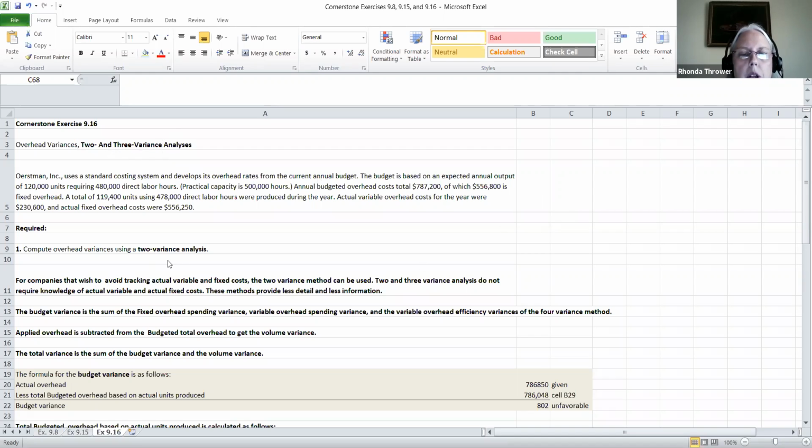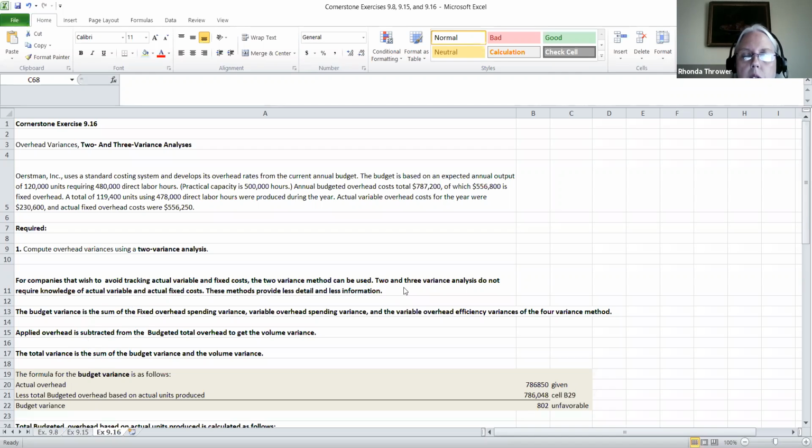We're going to first look at the two variance analysis. And when you are using the two variance analysis, it's important to understand these items first before you try to create it. For companies that wish to avoid tracking actual variable and fixed cost, the two variance method can be used. Now, your company would choose to use either the four variance method, the two variance method, or the three variance method.